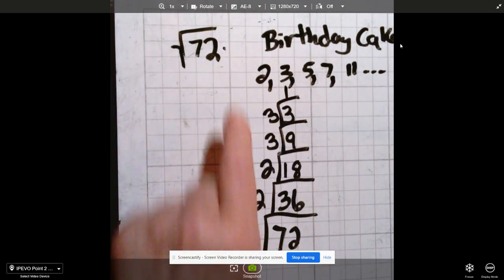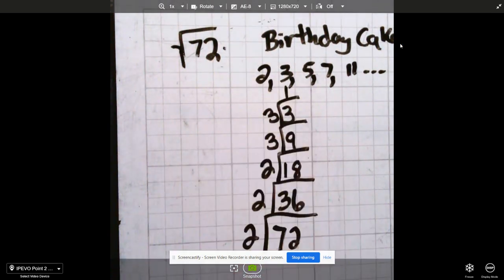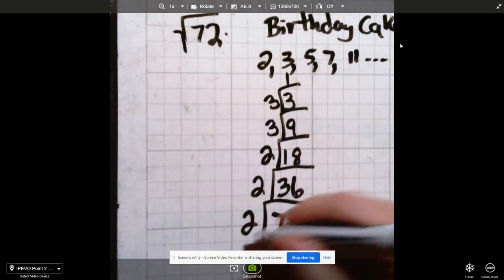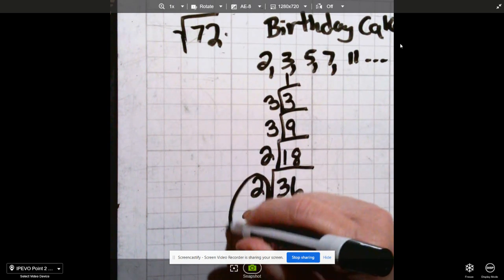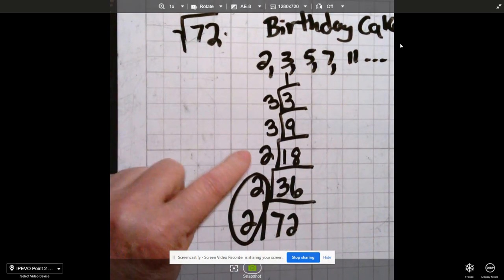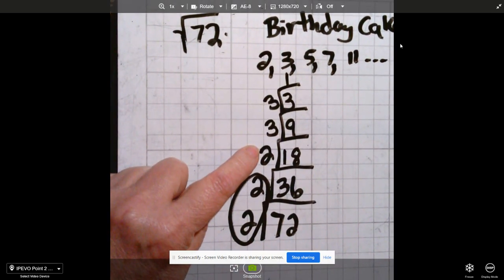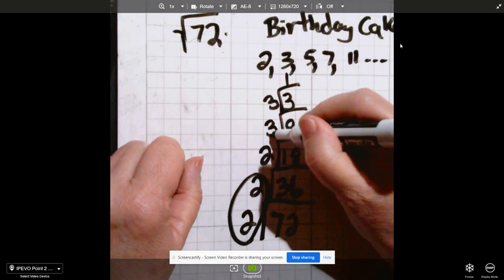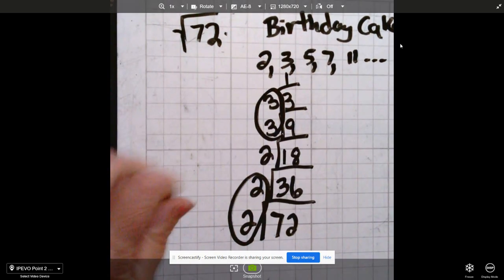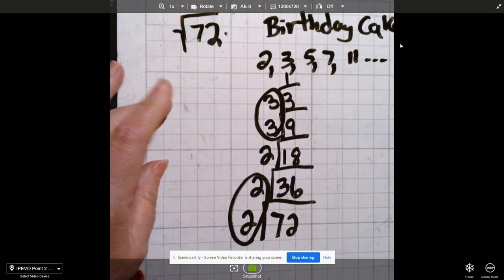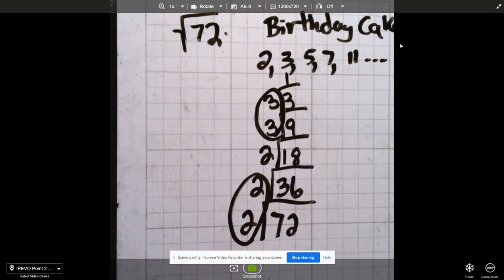They call this the birthday cake method because it kind of looks like a big birthday cake with the candle on the top. What you do now is you circle anything that you have 2 of. Well, I have 2 2s, but I don't have a match for this 2, so I can't circle him. And I have 2 3s. So anything that's circled will come outside of the radical and you'll write it just once.